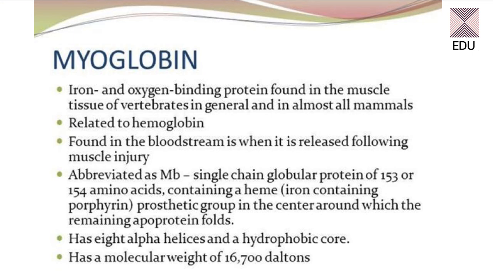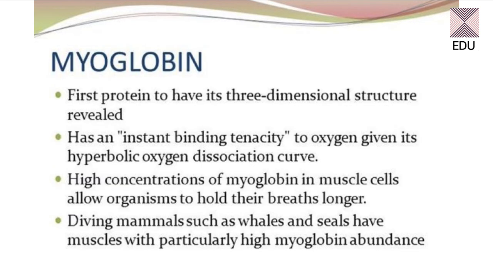It has 8 alpha helices and a hydrophobic core, which will be seen in the coming slides. It has a molecular weight of 16700 daltons, which is lower than hemoglobin.